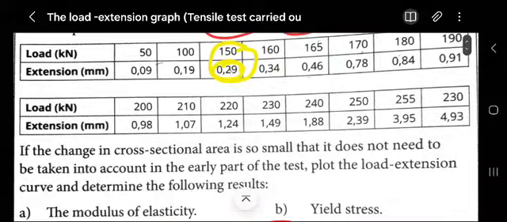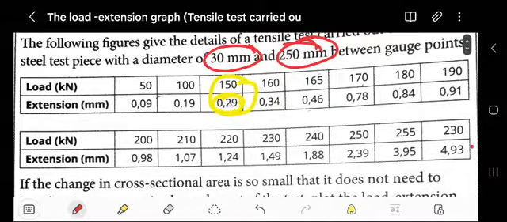I will use this actual change in length.